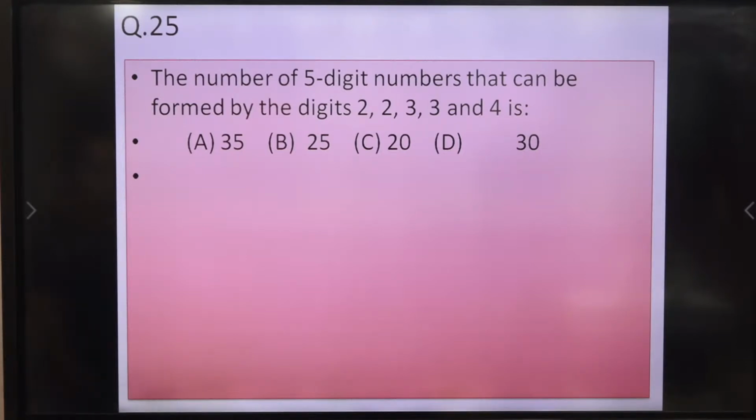The number of 5-digit numbers that can be formed by the digits 2, 2, 3, 3, 4.